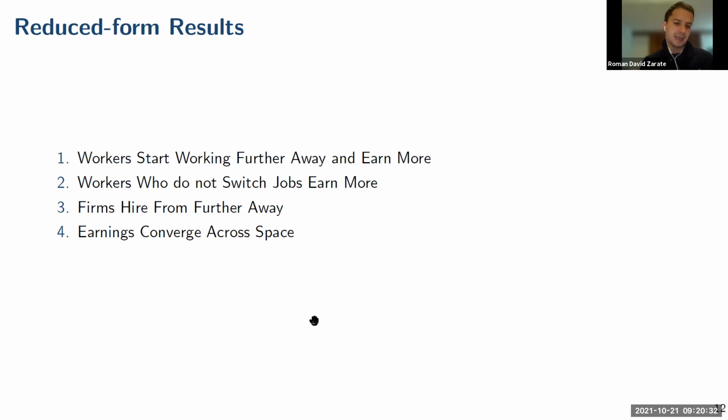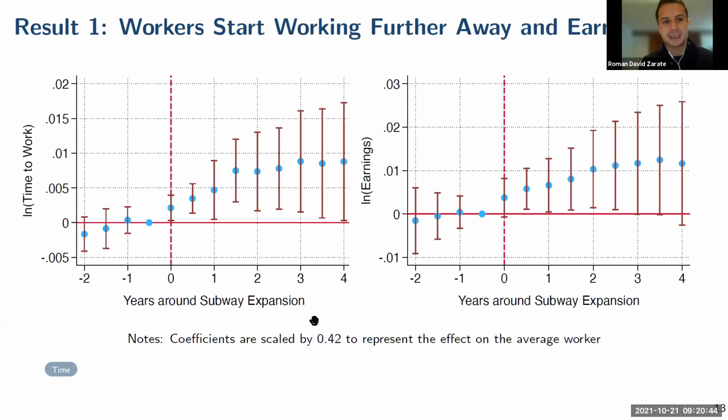Here we find that because the labor market is integrating more, earnings are also going to converge across the space. So I'm going to just show you some of these results. This is the event study for the time to work, using the travel times in the period before the transit network shock.